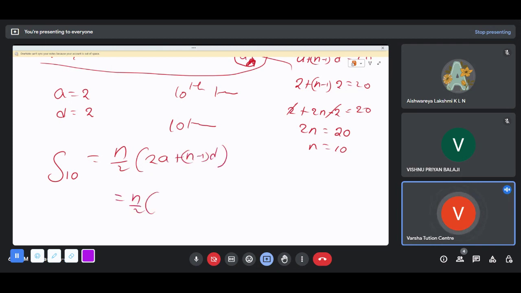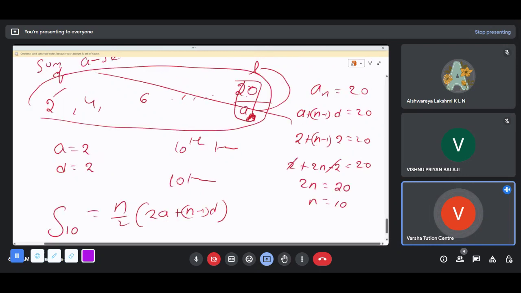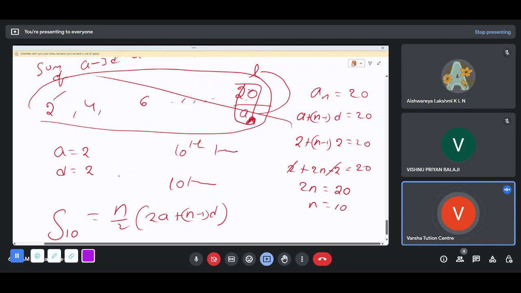n by 2, and 2a can be written as a plus (n minus 1) into d. What is this? a plus (n minus 1) into d is an, but we represented it in a simple way as L, the last term.